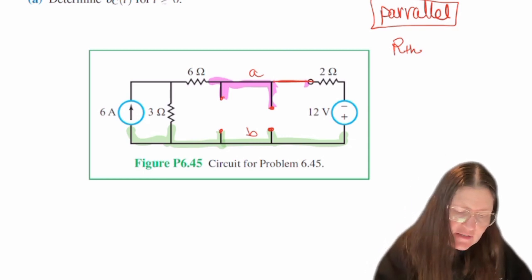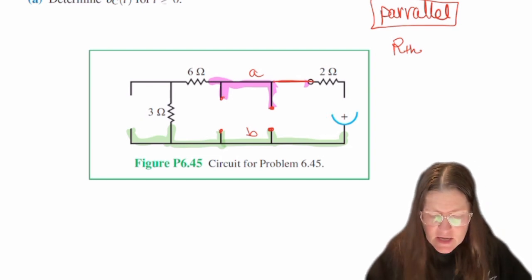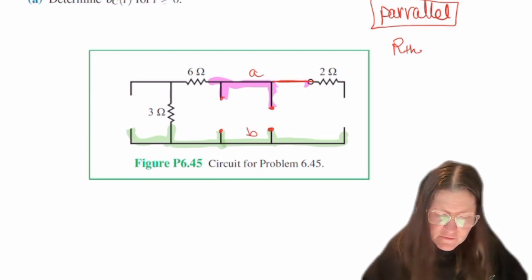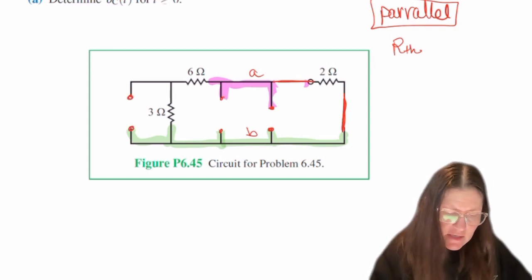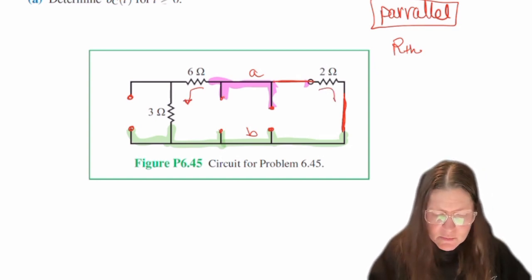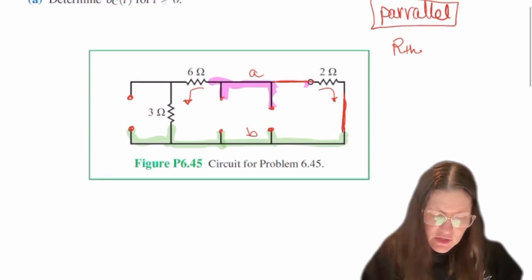So in this case, 0 for the current is going to look like an open, and then for the voltage it looks like a short. So it will go to a short for that voltage source and then an open here for the current source. And then my pathways, I look like I have one pathway this direction and one pathway this direction, so those two pathways will be in parallel to each other.